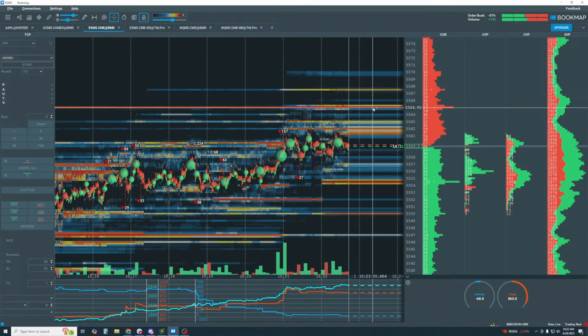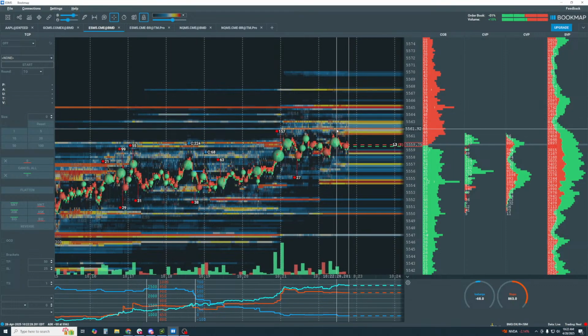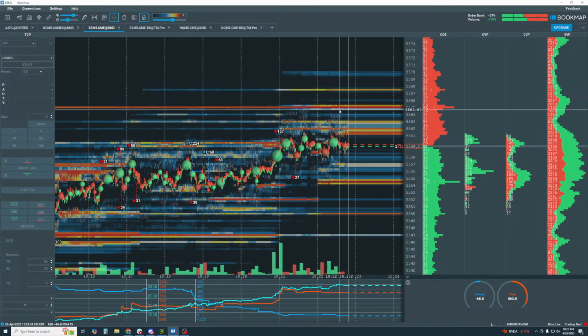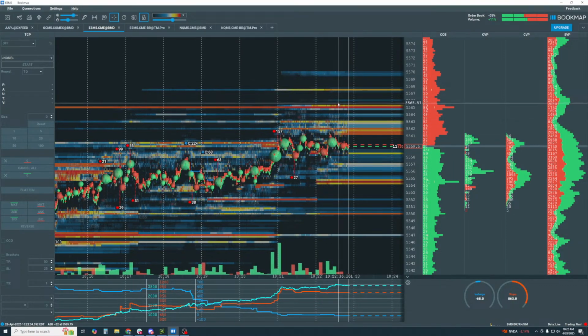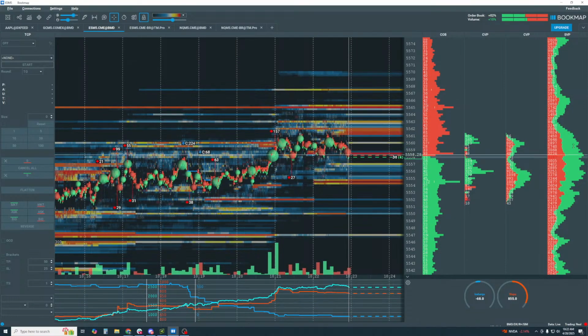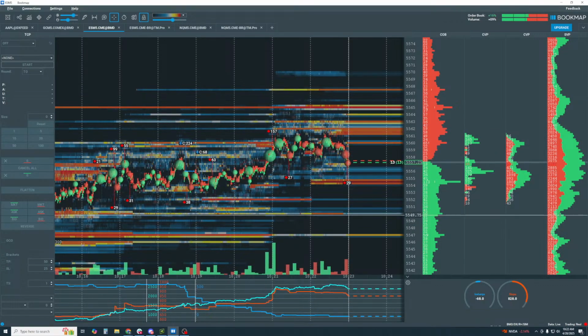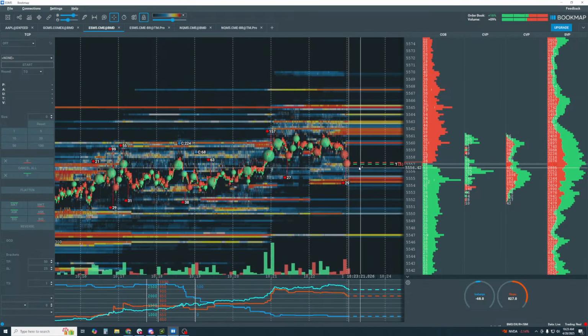We want to see if we can get through the 63 level, and then if we can accept and continue higher. Most of the trading has taken place between 62 and 50 or so, so this is bullish.